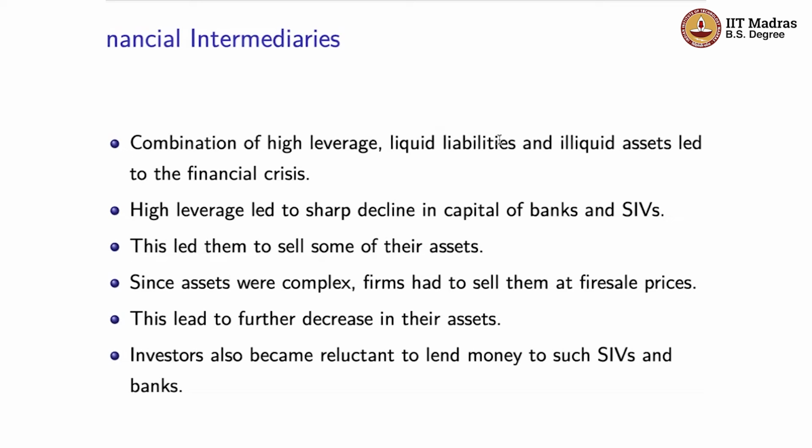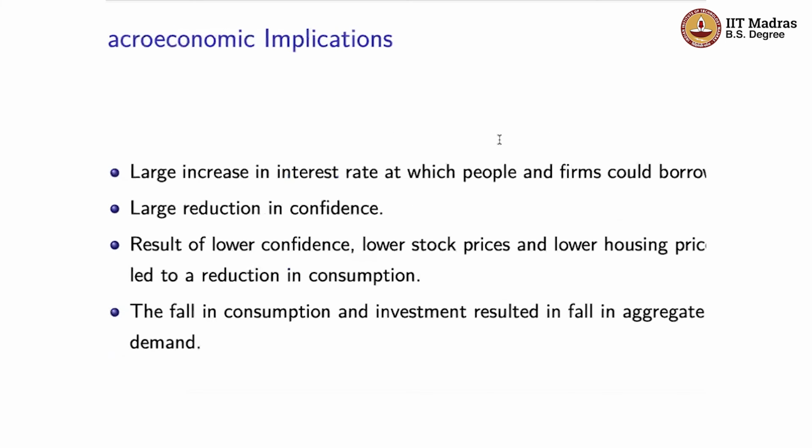So this is how the fall in housing prices led to problems starting to come up in these SIVs and banks and the financial intermediaries, right? Now, what was the consequence of this? As a result of not many loans being extended, that created pressure on all the other loan markets at the same time.